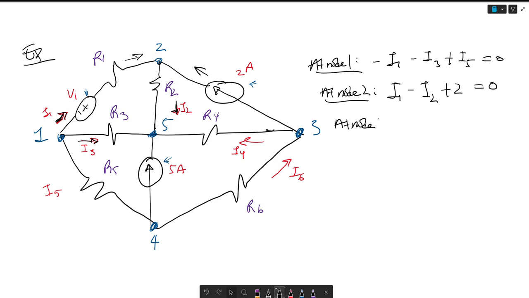Again, at node 3, you have minus I2 because I2 is leaving, or minus 2 because 2 is leaving, minus I4 because I4 is leaving, and plus I6 because I6 is entering, is equal to 0.